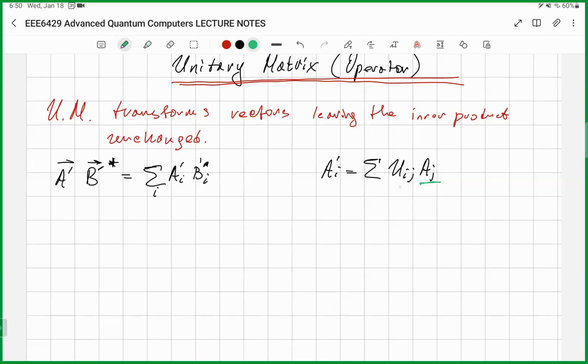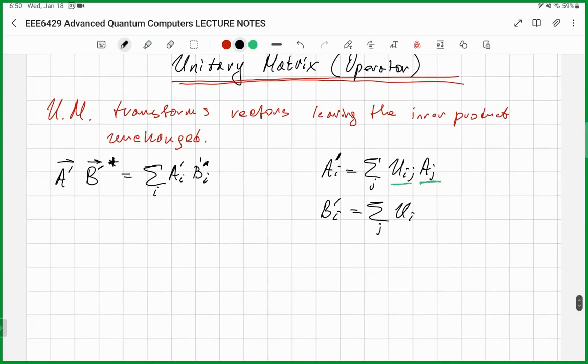I take a matrix U, and the result of this action of the operator U on a vector A gives me another vector A prime, and the sum runs over j here. And the same for the vector B prime: B_i prime is equal to the sum over j, the same operation, U_ij B_j.